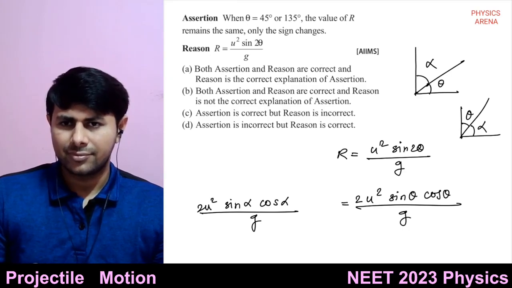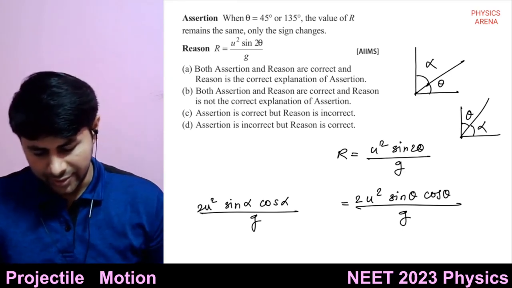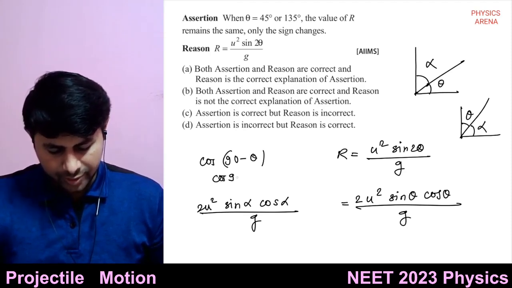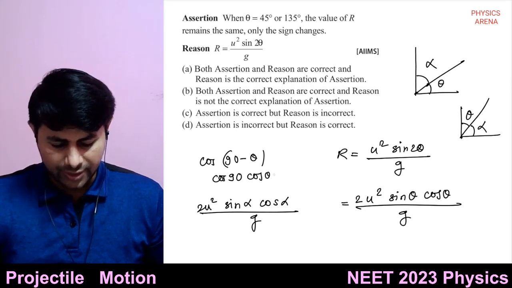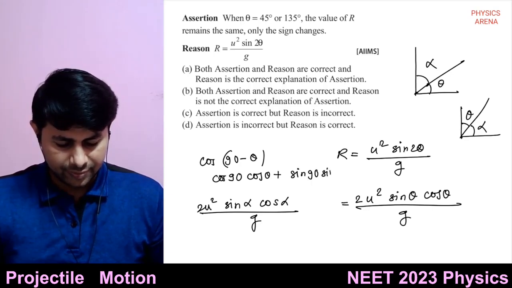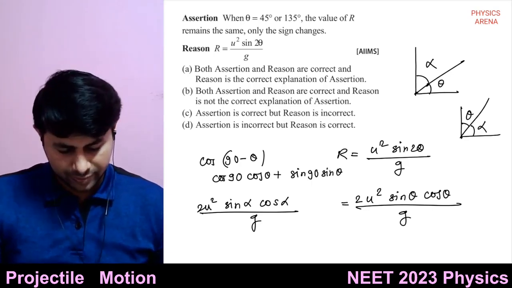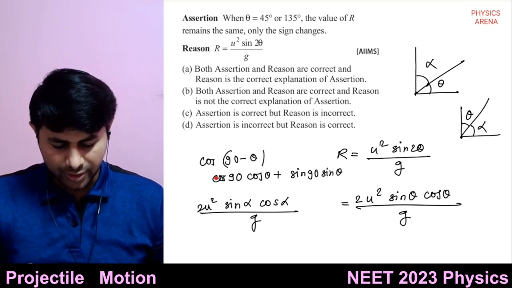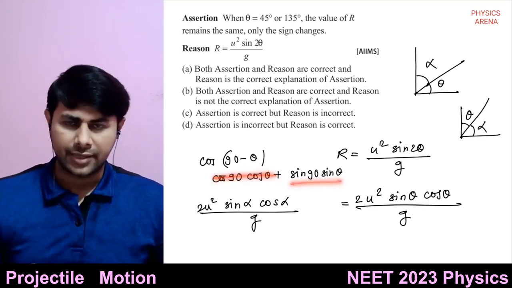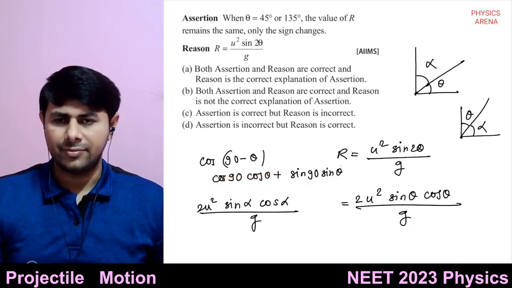Using the formula cos A cos B plus sin A sin B, it is cos 90 cos theta plus sin 90 sin theta. Cos 90 is 0, and sin 90 is 1, so it is sin theta.